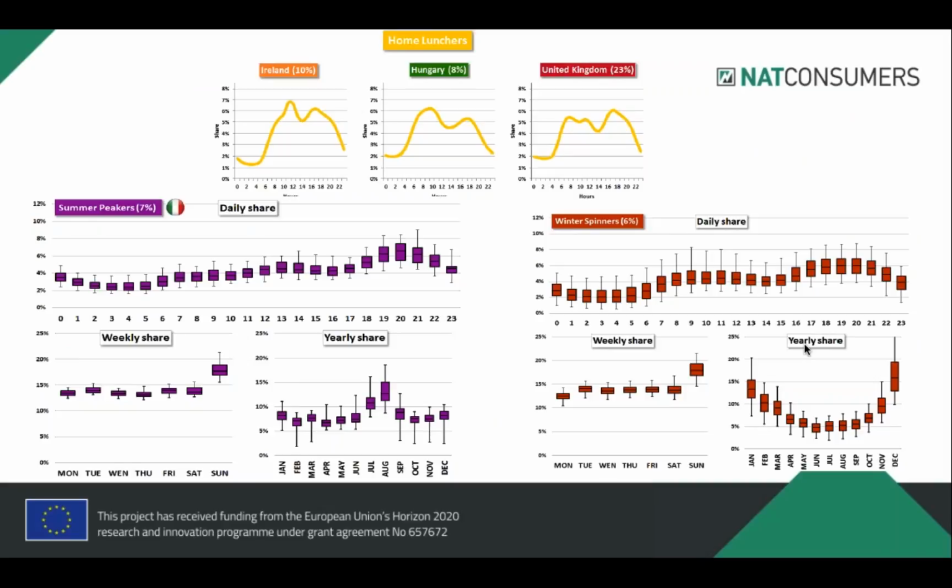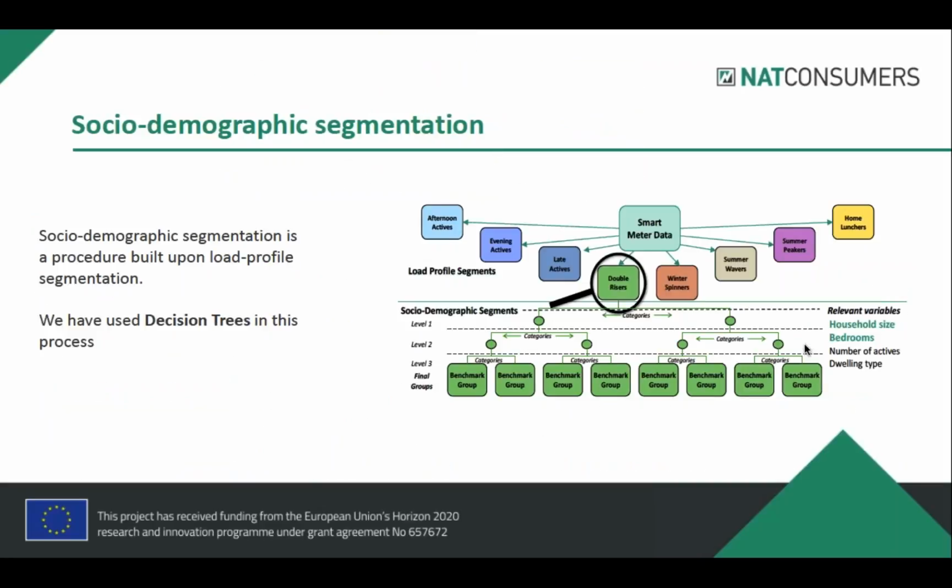You can see a very high summer peak in their consumption, mainly because of air conditioner usage. And for example, on the right down, there are the winter spinners from Ireland. These segments have a very strong yearly pattern, and they have much higher energy consumption in the winter than in the summer. This is mainly because they are using electric heaters. This is about load profile segmentation and socio-demographic segmentation.